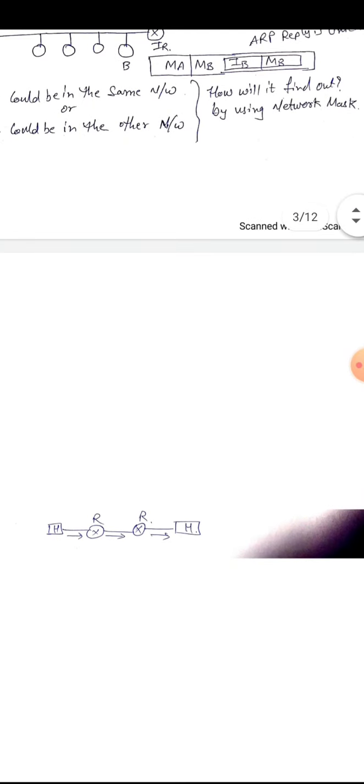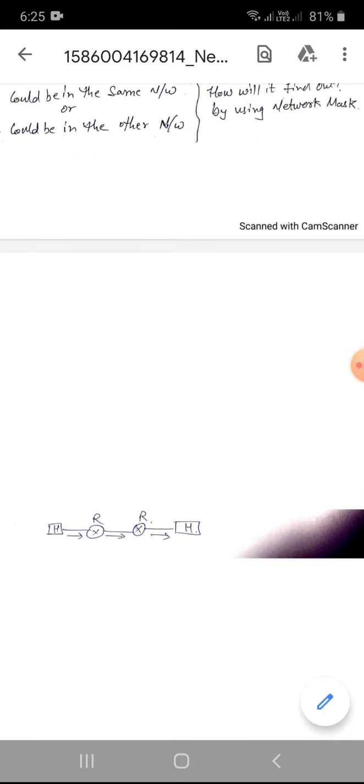Second, a host wants to find out the MAC address of the router, so host to router. Third, a router wants to find out the MAC address of another router, so router to router, as well as a router wants to find out the MAC address of a host, so router to host. So in this way, all the possibilities which exist are supposed to be taken care of, right?